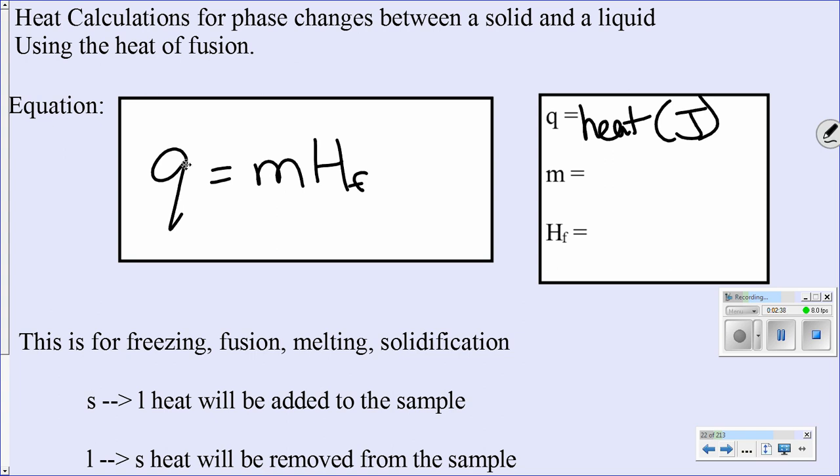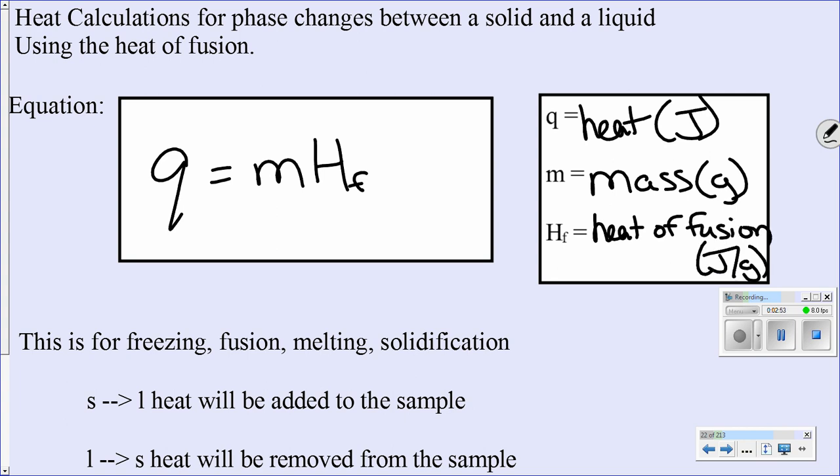If you're unsure of units, they are listed on table D. m is mass in grams. And heat of fusion is a constant that is in the unit of joules per gram. And this is actually for water found on table D.